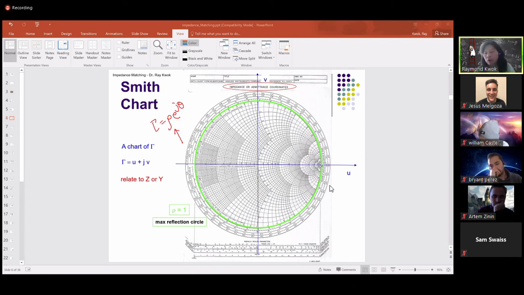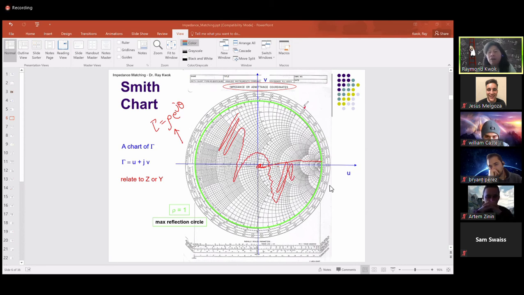So if I draw rho equal to 1, this is a circle. This is the origin, and the radius is equal to 1. The green circle here dictates everything: the green circle means rho is equal to 1. Physically, all reflection coefficients have to be less than or equal to 1. So we only look at this portion of the chart.